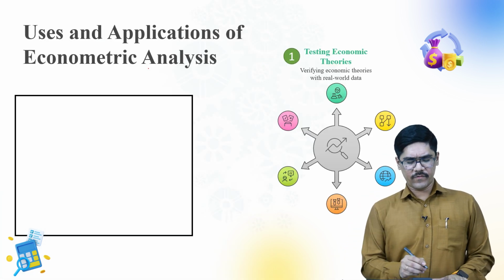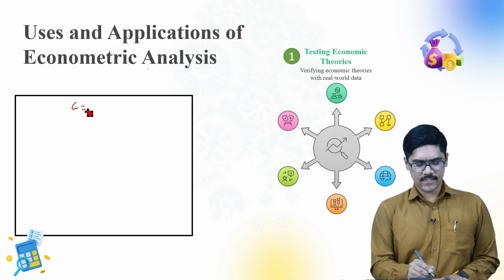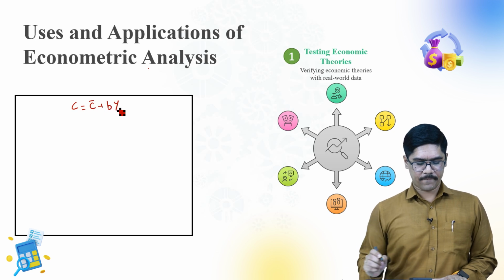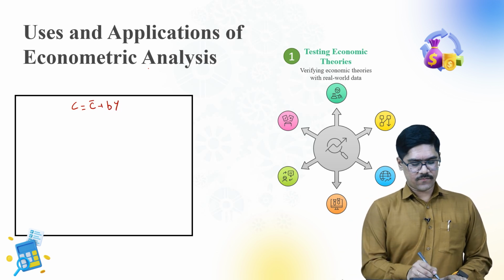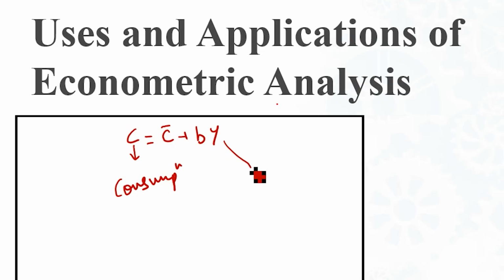Say, for example, we have a consumption function which says C equals C bar plus bY, where C stands for consumption and Y stands for income. Now, we know that income is an independent variable and consumption is dependent upon income.